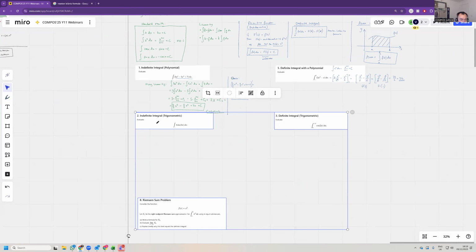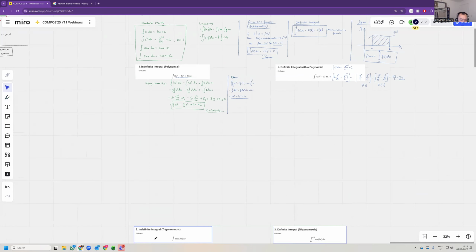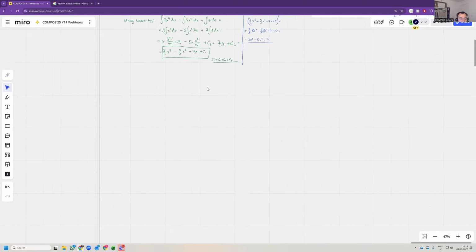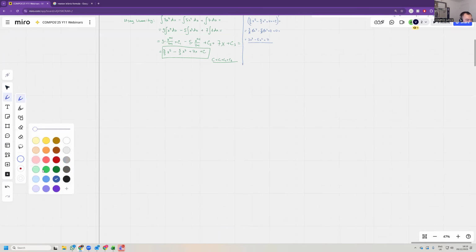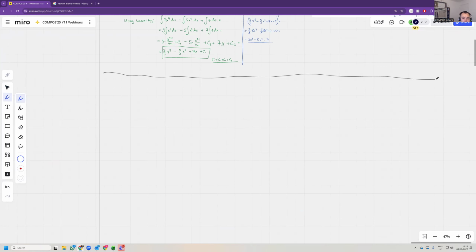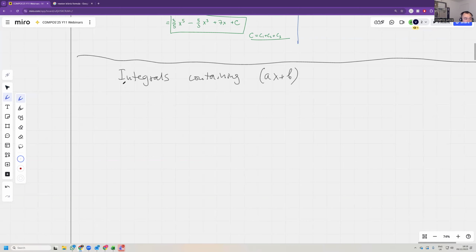Now, just a little bit of theory. Integrals containing ax plus b. So you know that the integral of x to the power n dx is x to the power n plus 1 over n plus 1 plus c.